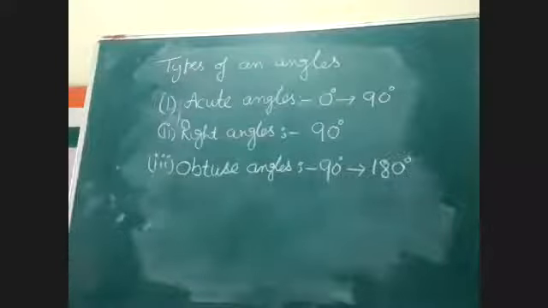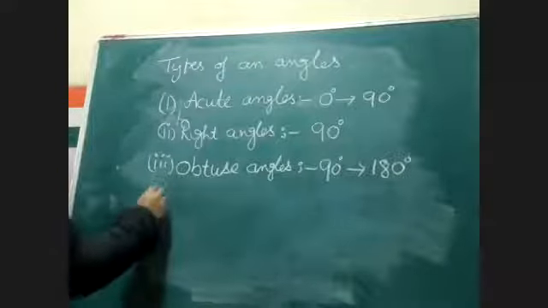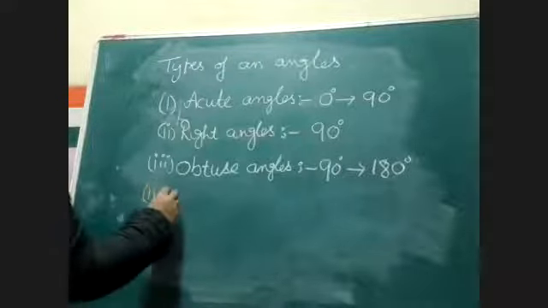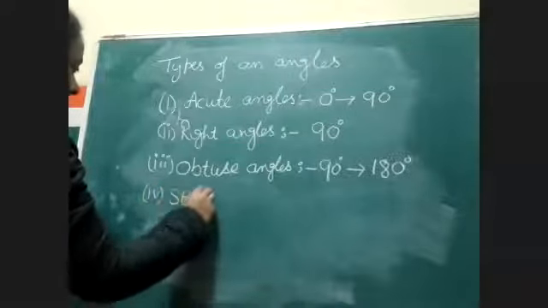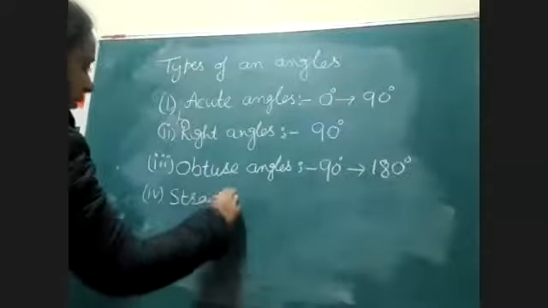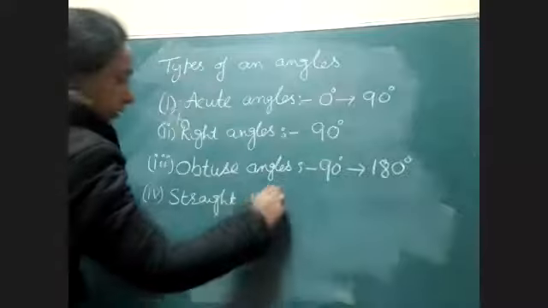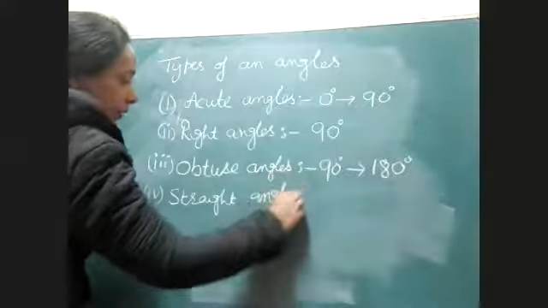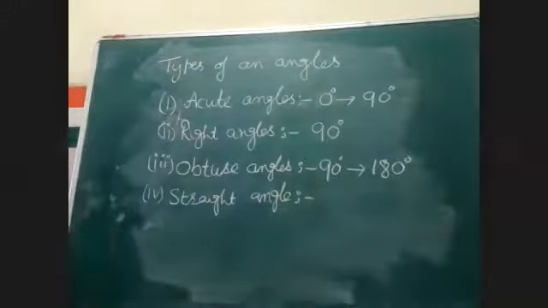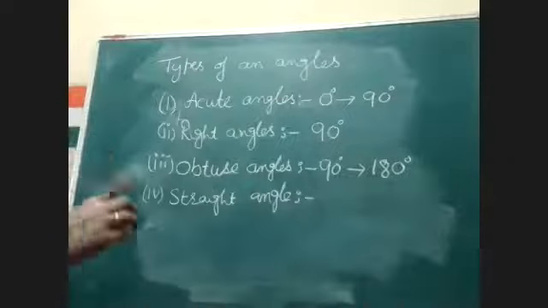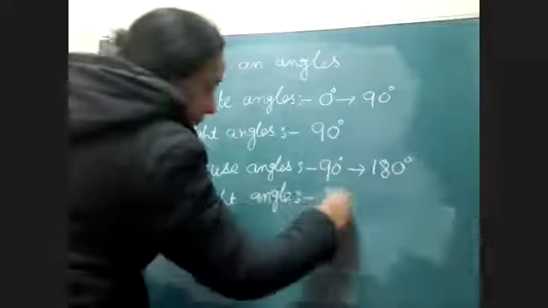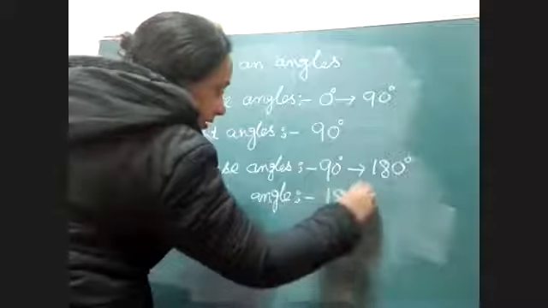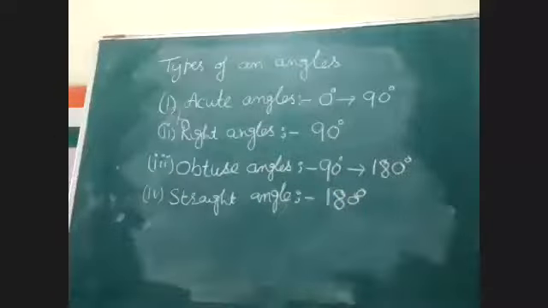Next is the straight angle, the fourth type. An angle which measures 180 degrees is known as a straight angle.